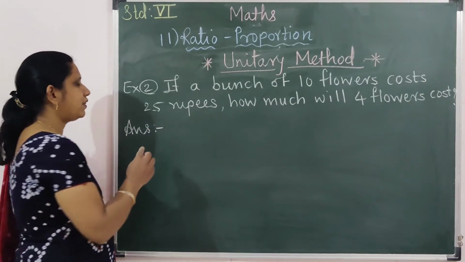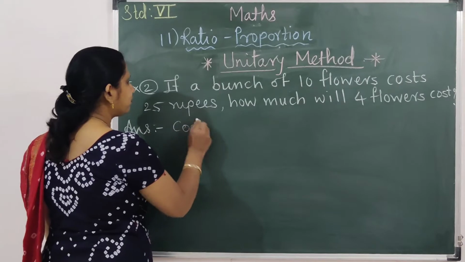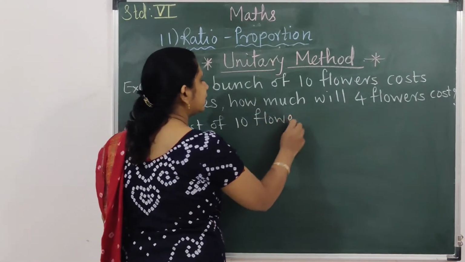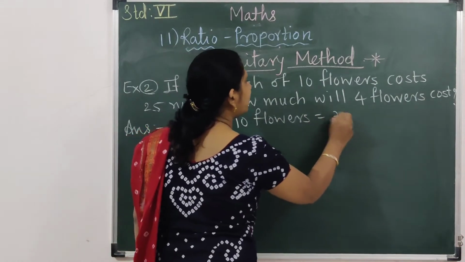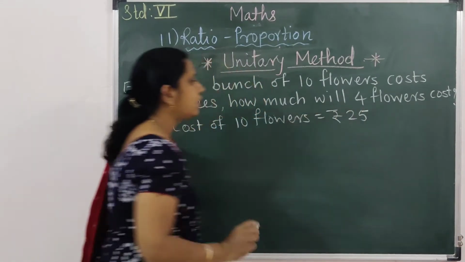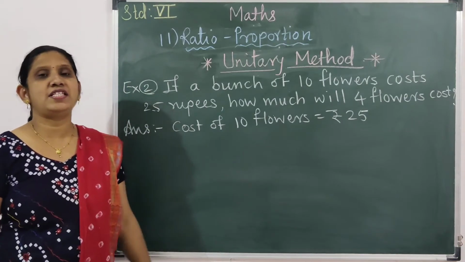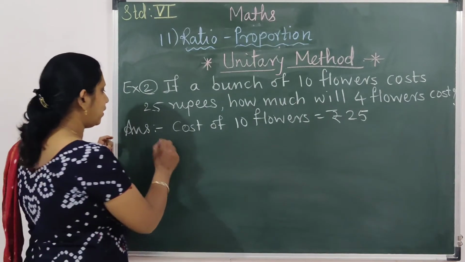Same method. Cost of 10 flowers is equal to rupees 25. As we know the cost of 10 flowers, it is very easy to find the cost of 1 flower.